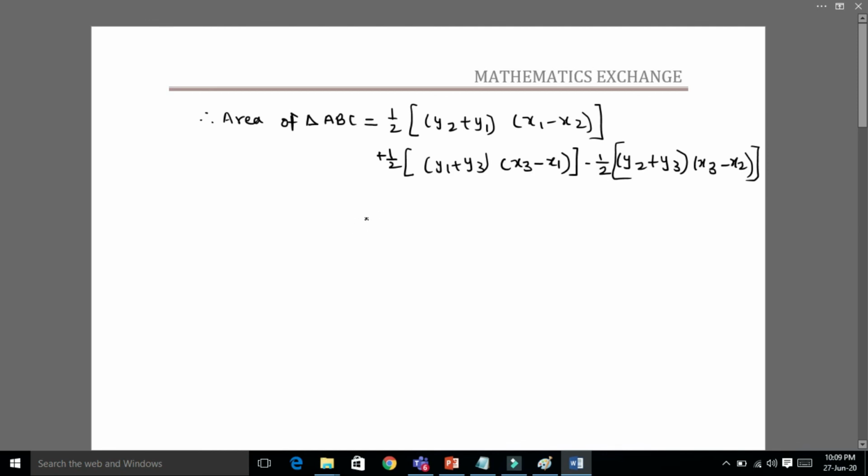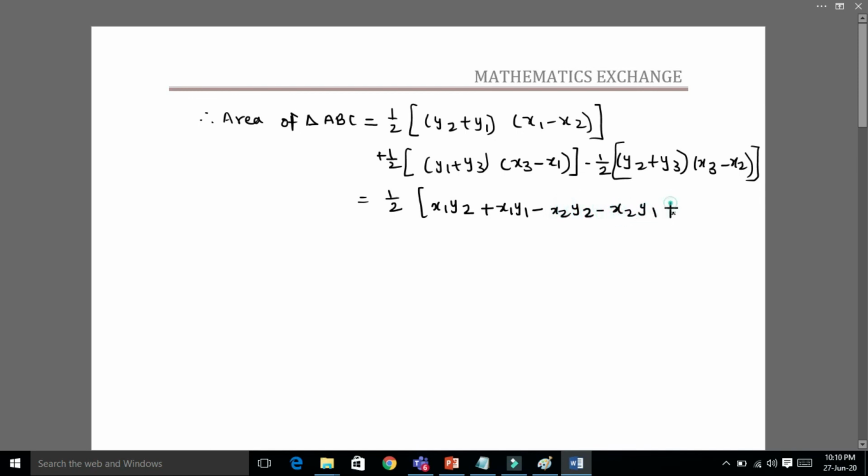Now multiply all the brackets inside. So we multiply: x1 into y2 plus x1 into y1 minus x2 into y2, minus x2 into y1.